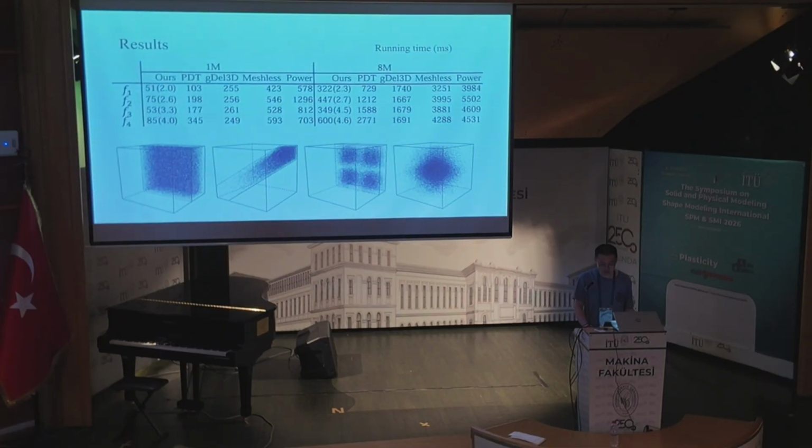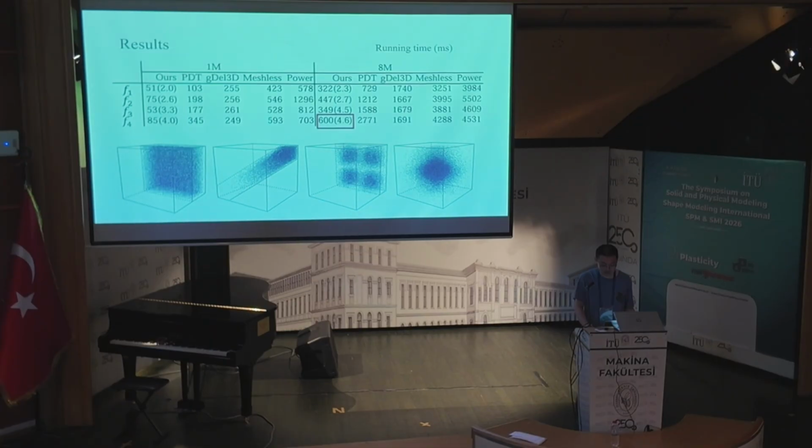While our method is designed for the uniform distribution, we also test non-uniform distributions generated with different density functions. The numbers in brackets are acceleration compared to PDT. We can see that our method remains stable under these non-uniform settings. For the more challenging Laplace distribution, our method is more than 4 times faster than PDT.